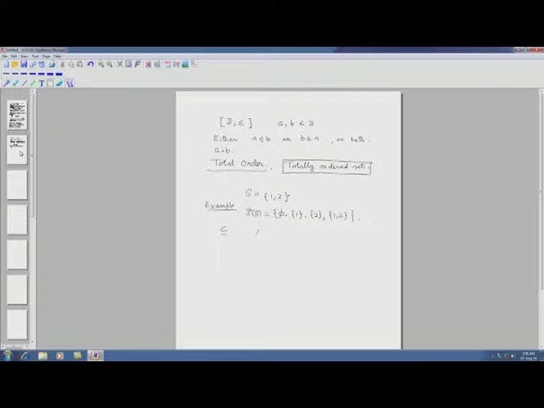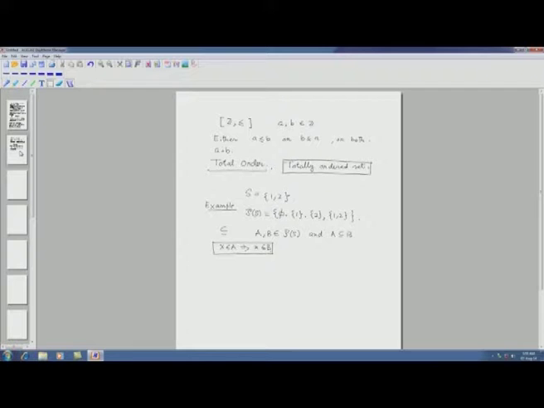So, if I am saying that A, B belong to P of S and A is a subset of B, then that means that all the elements of A are in B. In other words, x belonging to A implies x belonging to B. This is essentially the well known definition of a subset of another set, and here of course, I do not exclude the possibility that A is equal to B.